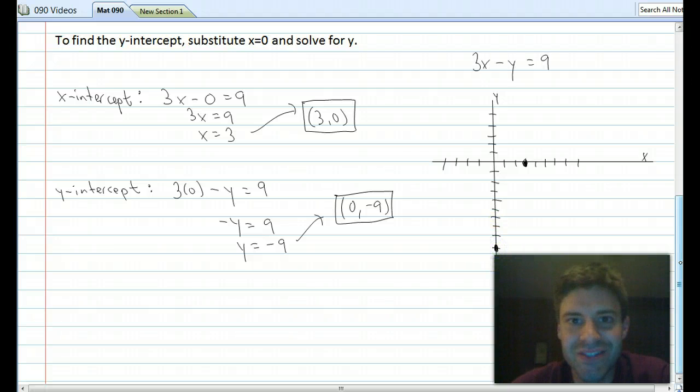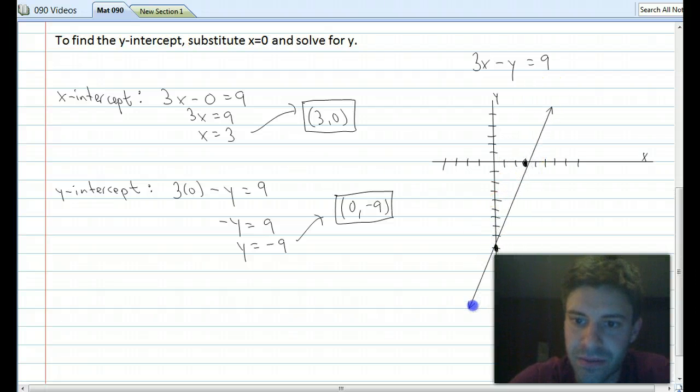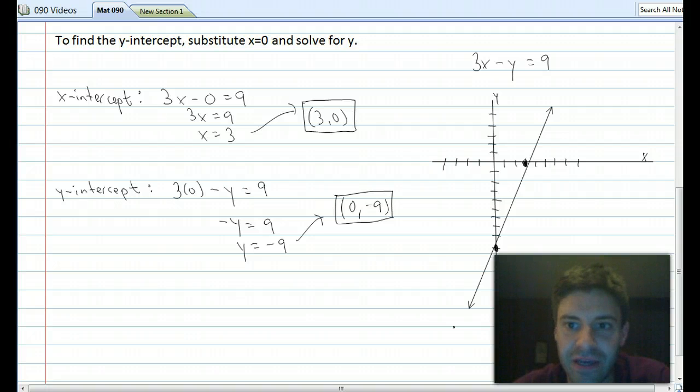And we know that since our equation is the equation of a line, all we have to do to find the graph of the line is connect our dots. So something like that. That gives us the graph of 3x minus y equals 9 just by finding the x and y intercept.